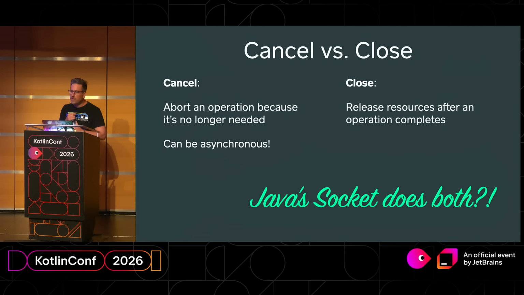So one more thing over the Java I/O socket versus the OKIO one. The Java socket API is good, and it's old, and it has this close function that's kind of close in terms of resource management, but it's also cancel.